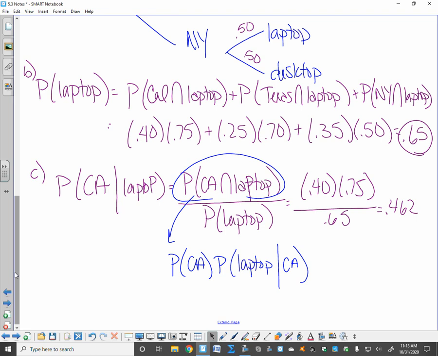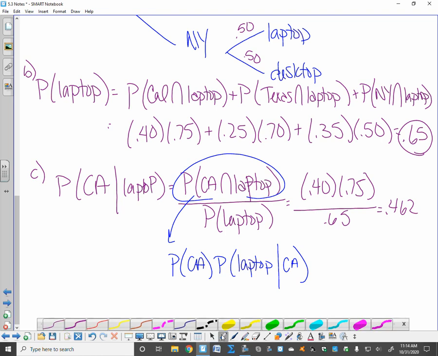The thing that I did in blue is not required, but I just want to make sure that you understand that I'm still using the AND formula when I get that 40 times the 75. Because that 75, it's not the probability that it's in California times the probability that it's a laptop. That's not true, because I got laptops coming out of all three states.